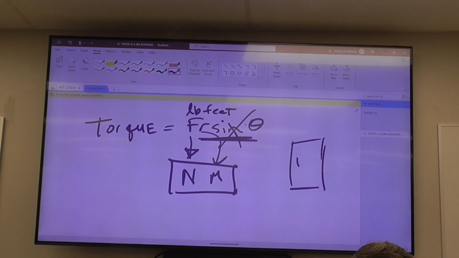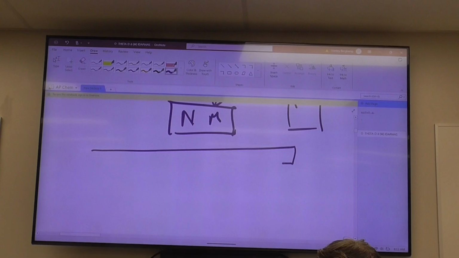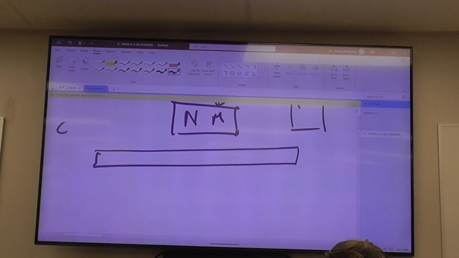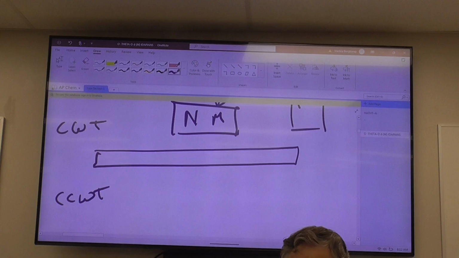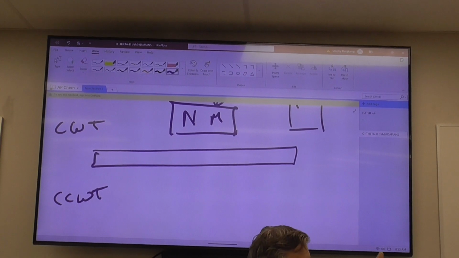So let's look at the variables that play into this. Over here, I've got a 200 gram mass. Over here, I have a 100 gram mass. If something's going to balance, typically what you talk about is clockwise torque and counterclockwise torque. Remember a clock, like righty-tighty, that's clockwise.